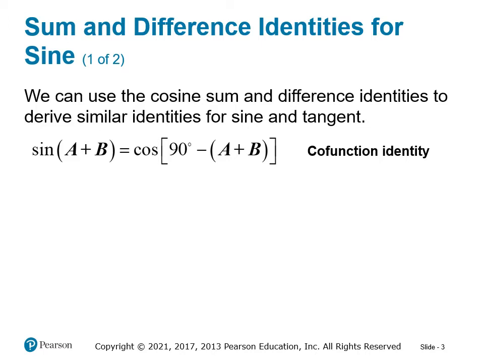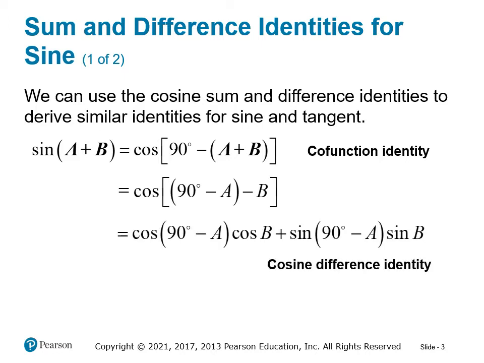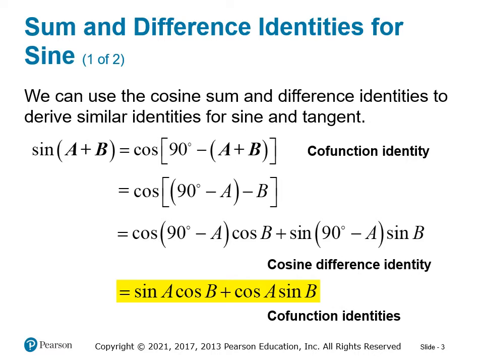So we can rewrite the sine of a plus b as the cosine of 90 minus a plus b, and then use the cosine difference identity by distributing this. If we apply the cosine difference identity, we get cosine, cosine, sine, sine: cosine of the first angle, cosine of the second, plus the sine of the first angle, sine of the second.